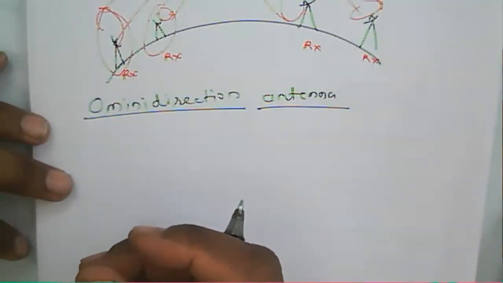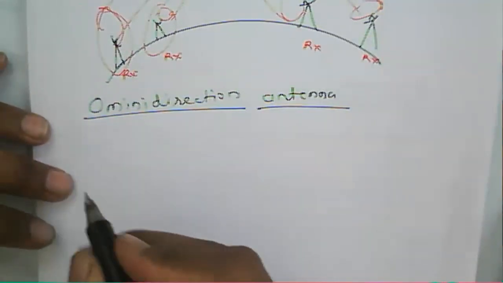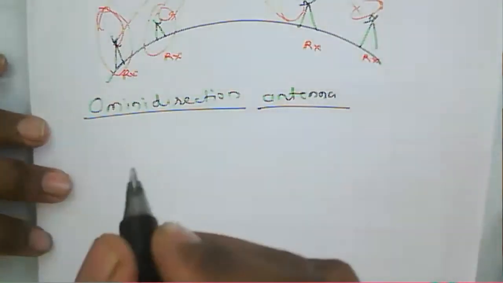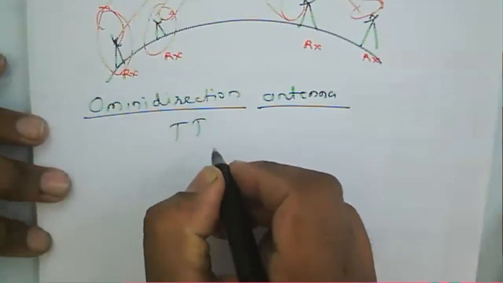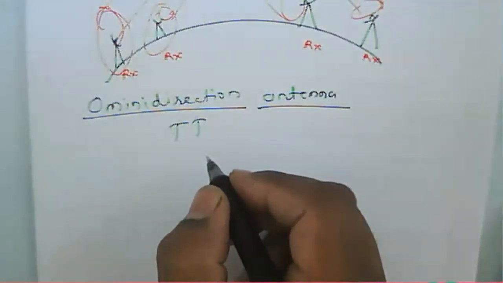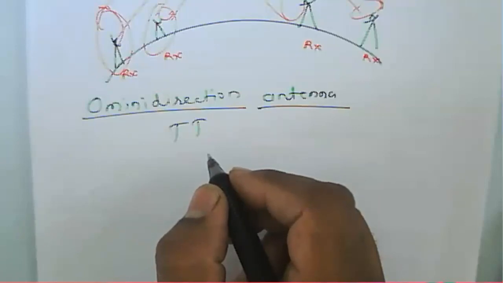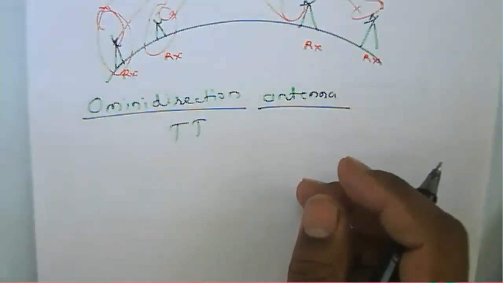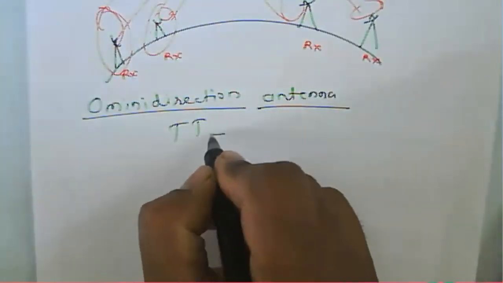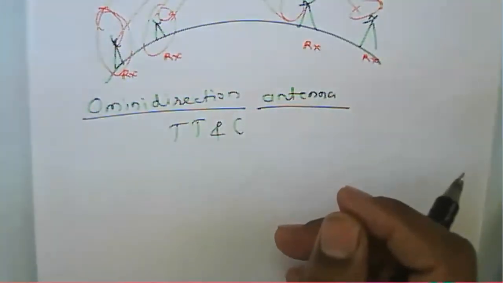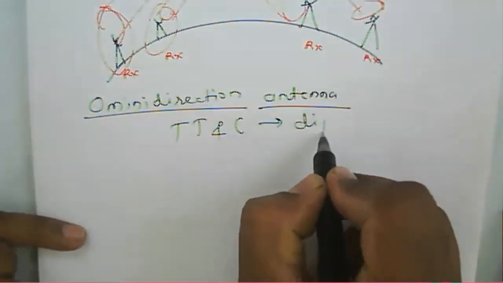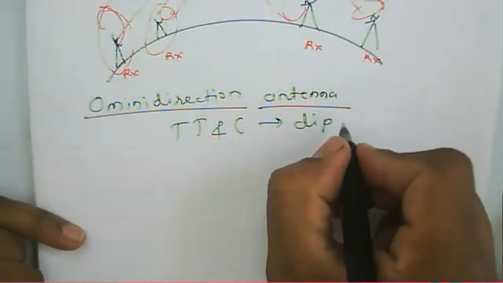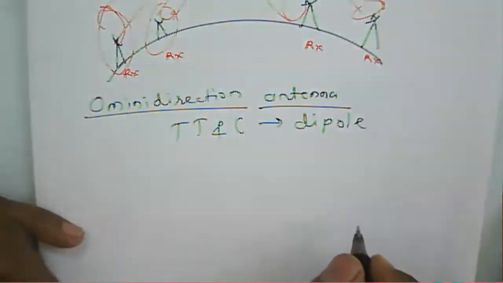But the dipole antenna, or omnidirectional radiation pattern, is used in the TTC command, since we need to control with respect to the earth station, the telemetry, tracking and command subsystem. In that case, an omnidirectional antenna is used, that is nothing but a dipole.